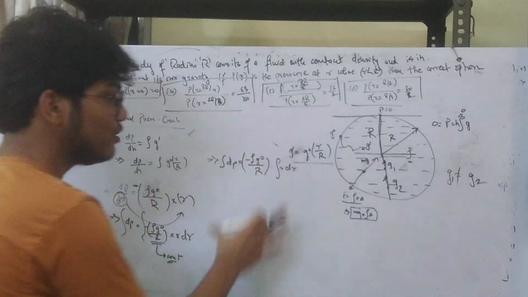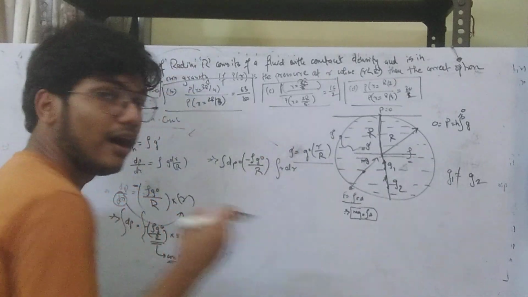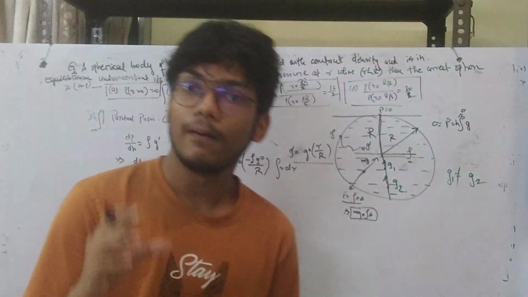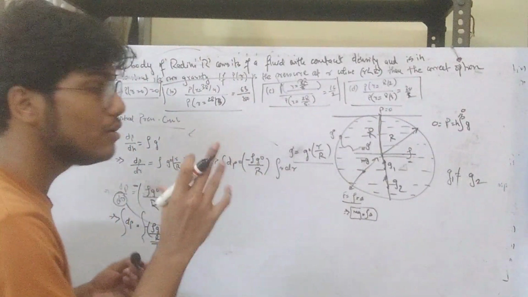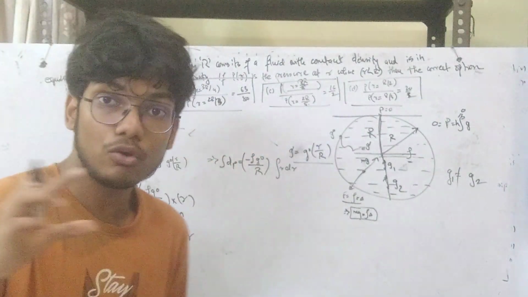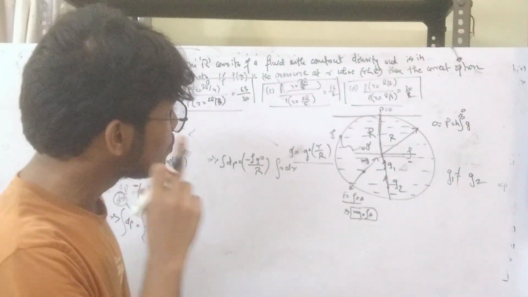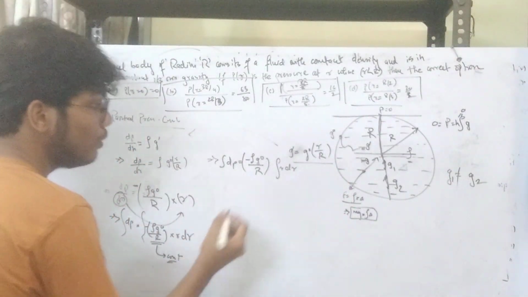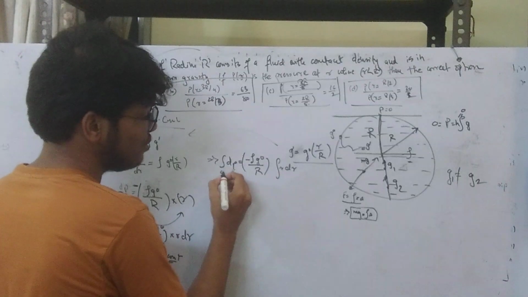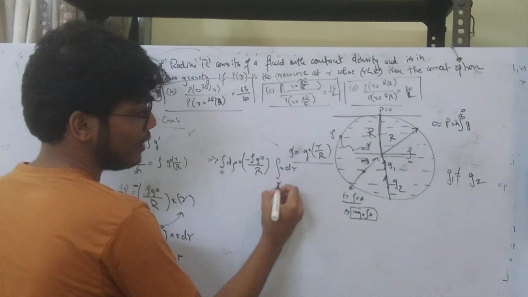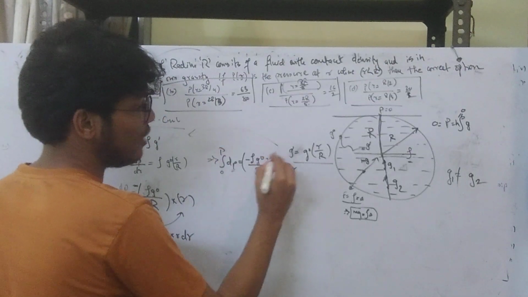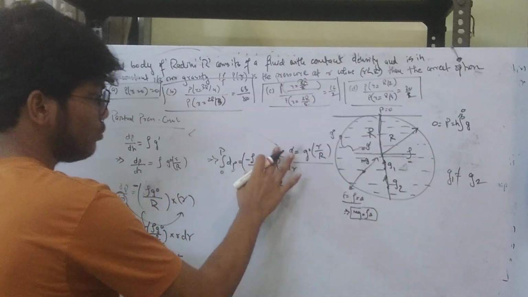Now give the limits of the integration. While giving the limits, be concise and specific about only the points which we have to consider. Okay, so this is pressure. Now pressure is 0 at capital R, and let's take pressure is P at small r.